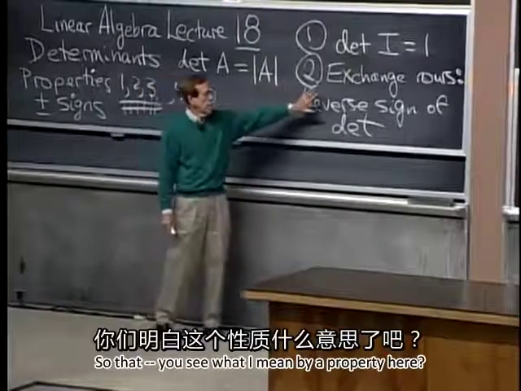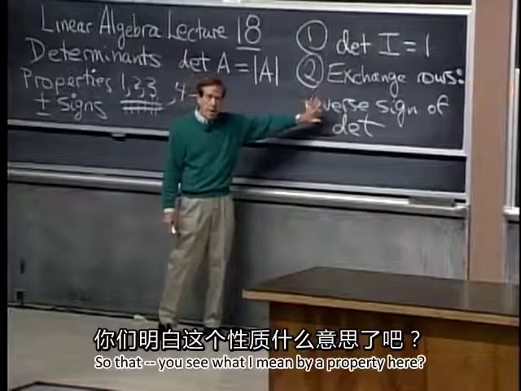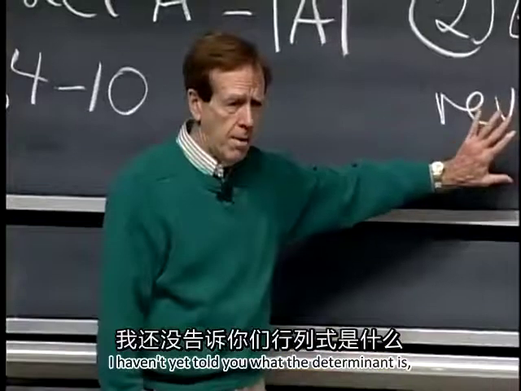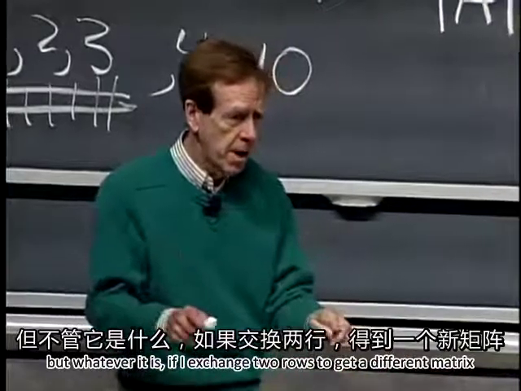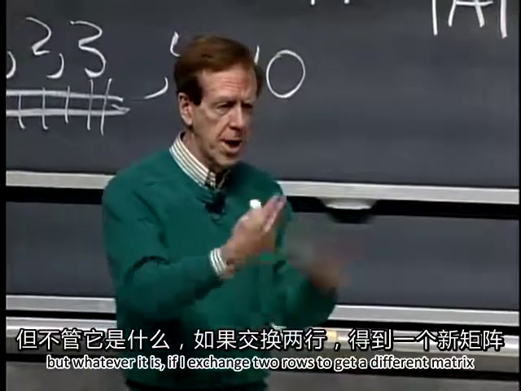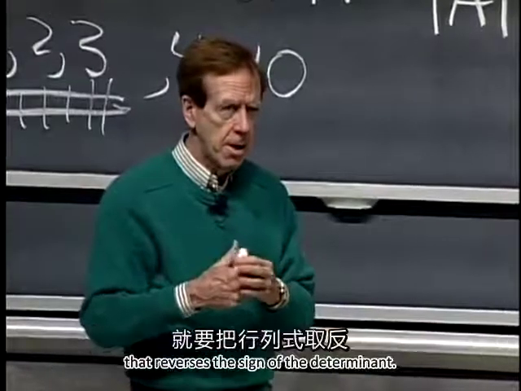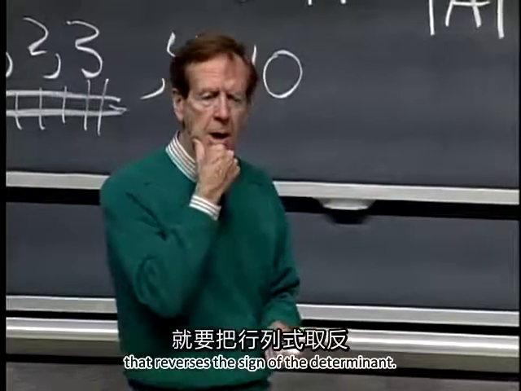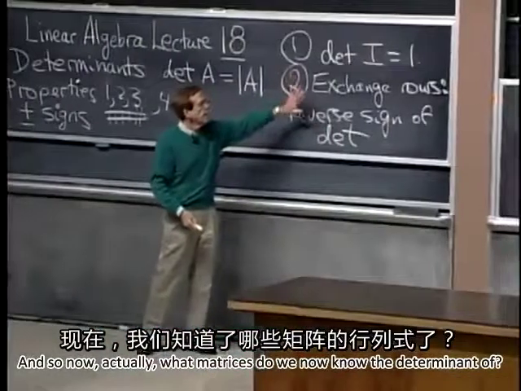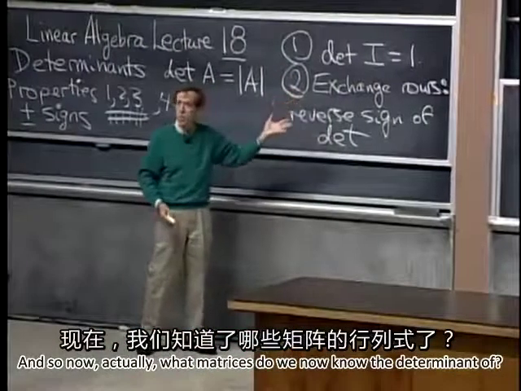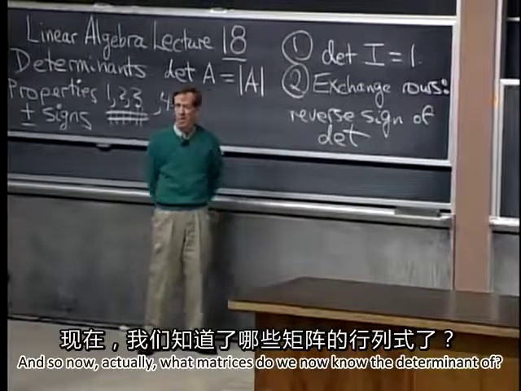So that you see what I mean by a property here. I haven't yet told you what the determinant is, but whatever it is, if I exchange two rows to get a different matrix, that reverses the sign of the determinant. And so now, what matrices do we know the determinant of?